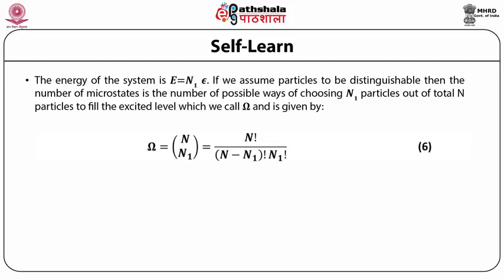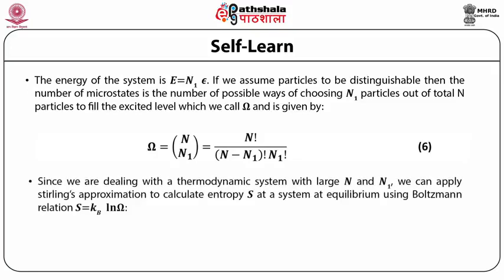If we assume particles to be distinguishable, then the number of microstates is the number of possible ways of choosing n1 particles out of total N particles to fill the excited level, which we call omega, and is given by omega equal to the combination of N and n1, which is N factorial divided by (N minus n1) factorial and n1 factorial.